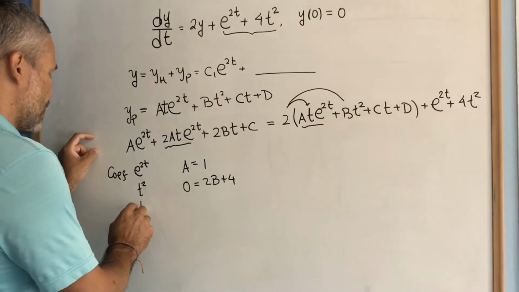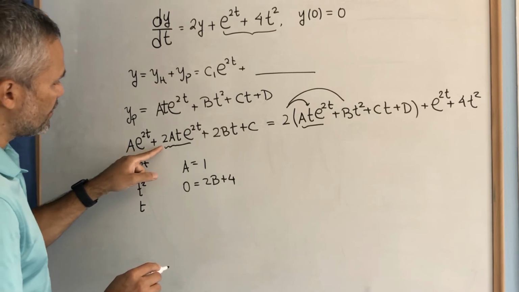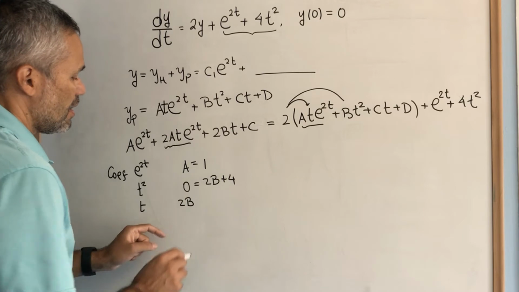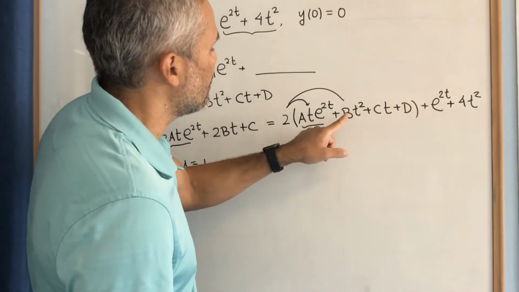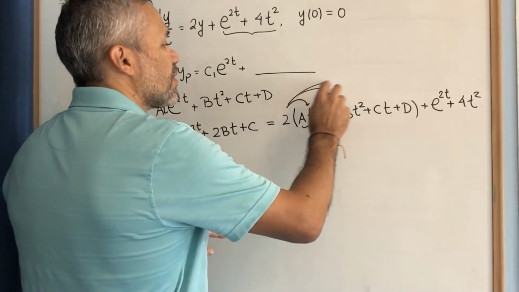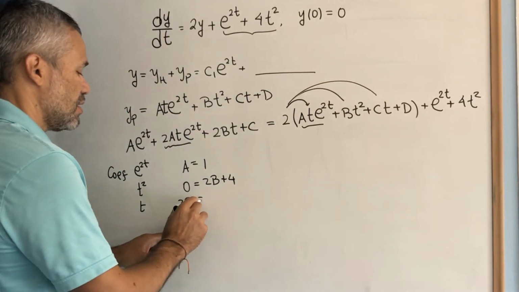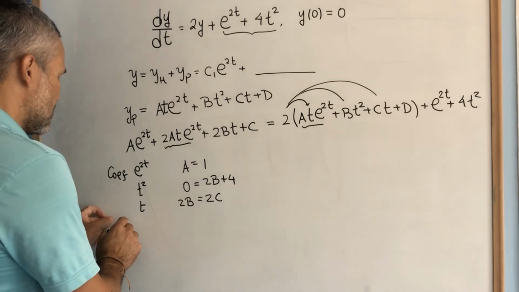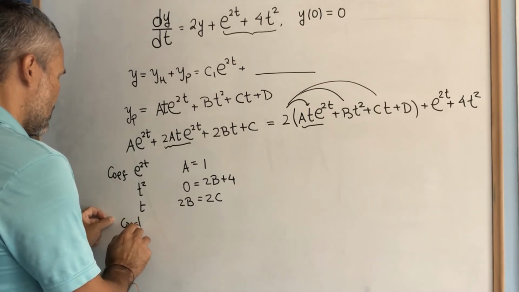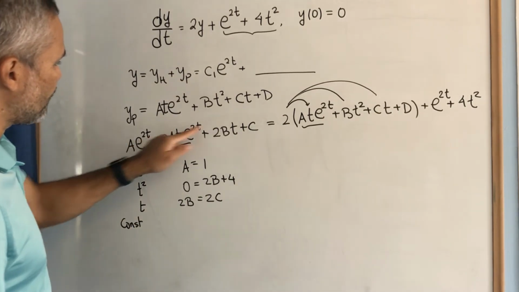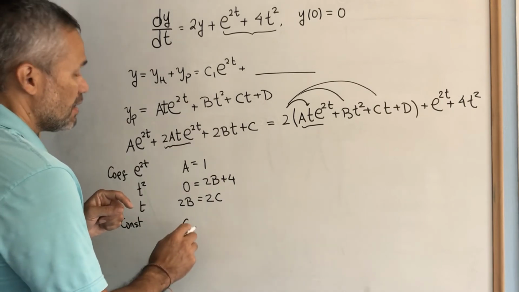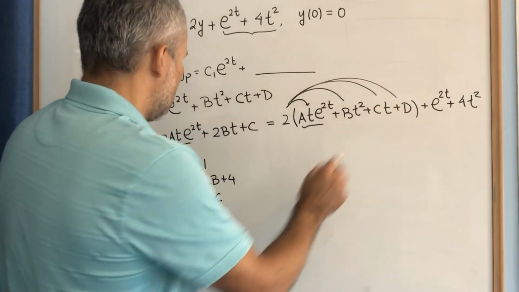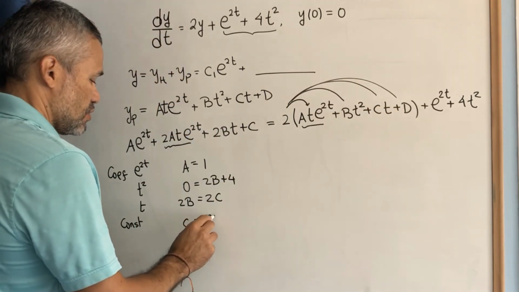Right. The coefficient of t on the left is 2b, and the coefficient of t on the right, when I multiply this by this, I get 2c, and there is nothing else. And the constant coefficient on the left is c, and on the right, when I multiply this by this, is 2d.